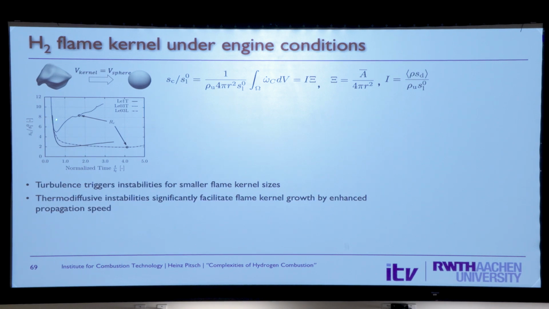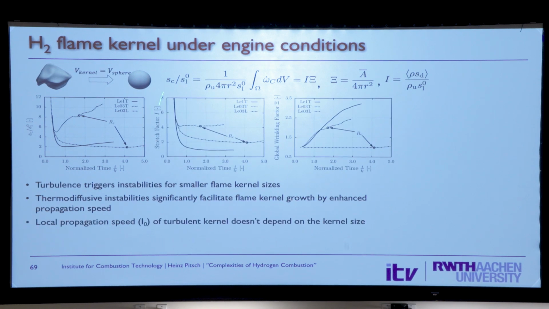But you see the Lewis number equal to 1 kernel is not much faster than the laminar kernel, but the turbulent, unstable kernel here is about 4 or 5 times faster than the other flame. Okay, so in the laminar case, the instability made it about twice faster. For the turbulent case, 4 to 5 times faster. Okay? So why is that?